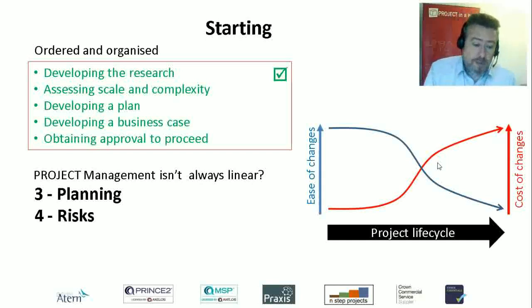We'll talk a bit more about that in the planning and risk sessions, but we need to hold that idea in our mind, that we need to get the planning, it's an 80-20 thing. We need to get the planning as good as it can be in a reasonable period of time, but recognizing that if we've got some fundamental issues still outstanding, we think there are areas that might change, that's going to cost us, and we always need to be addressing those as soon as we possibly can.